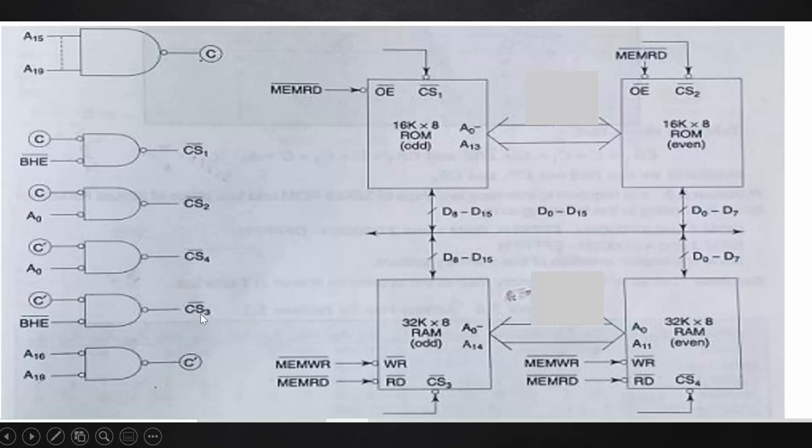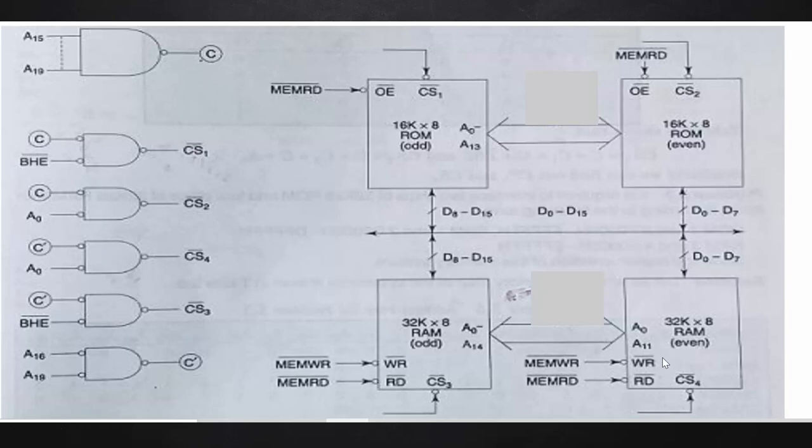The output of this gate decides when the odd bank of our RAM is to be activated. And similarly for the even RAM bank, the least address bit A0 and C dash decide when the even RAM bank is to be activated.